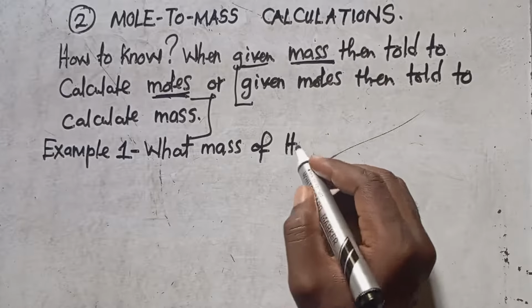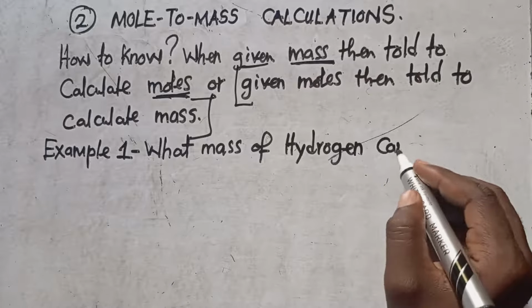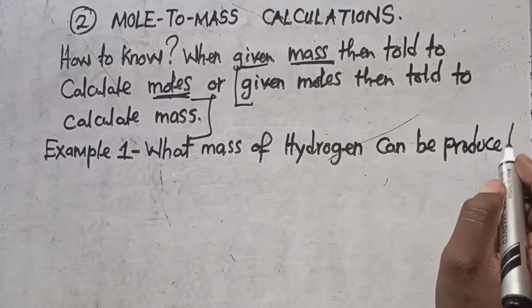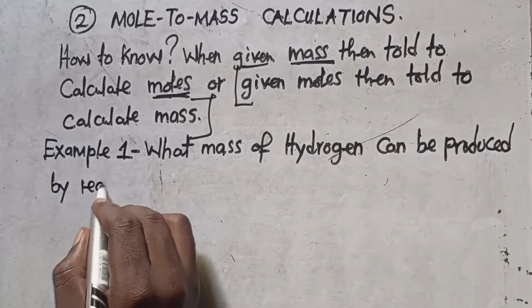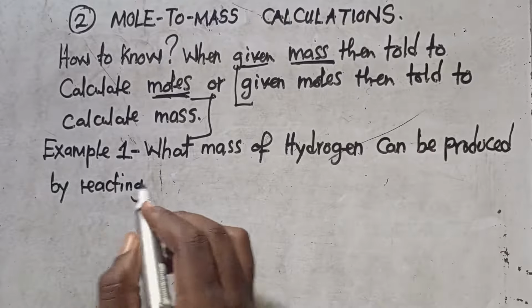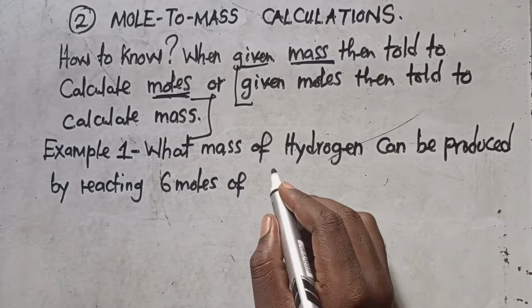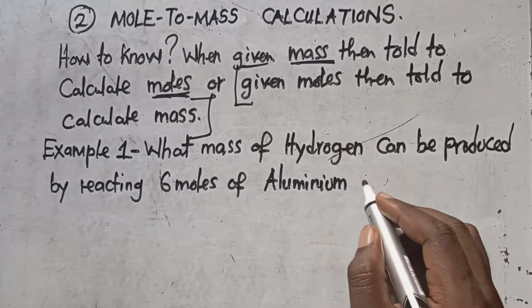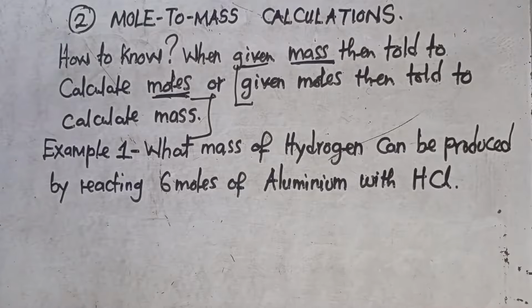What mass of hydrogen can be produced by reacting 6 moles of aluminium with hydrochloric acid, which is like this. So we analyze the question.